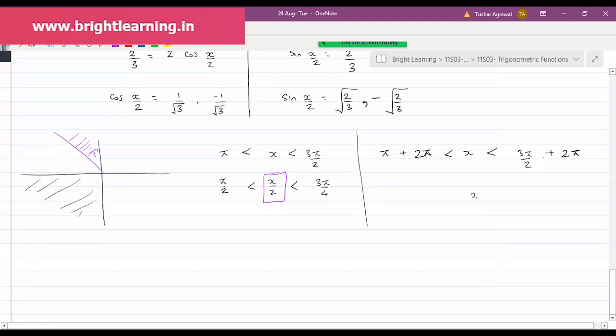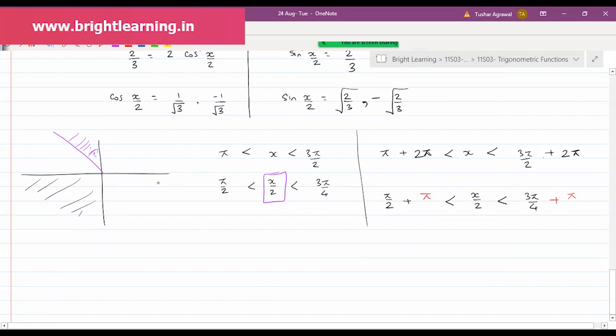what will be x upon 2? X upon 2 will be the same as the initial pi by 2 that we got, plus pi, and the initial 3 pi by 4 that we got, plus pi.